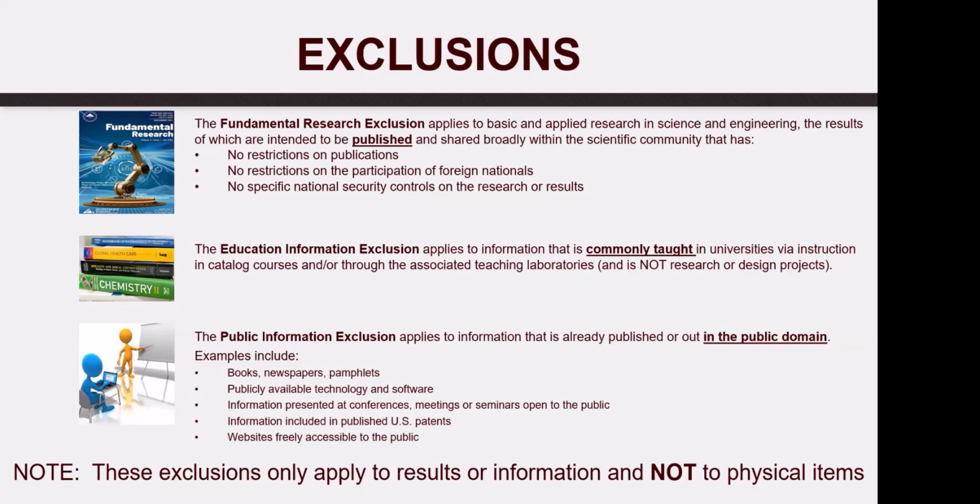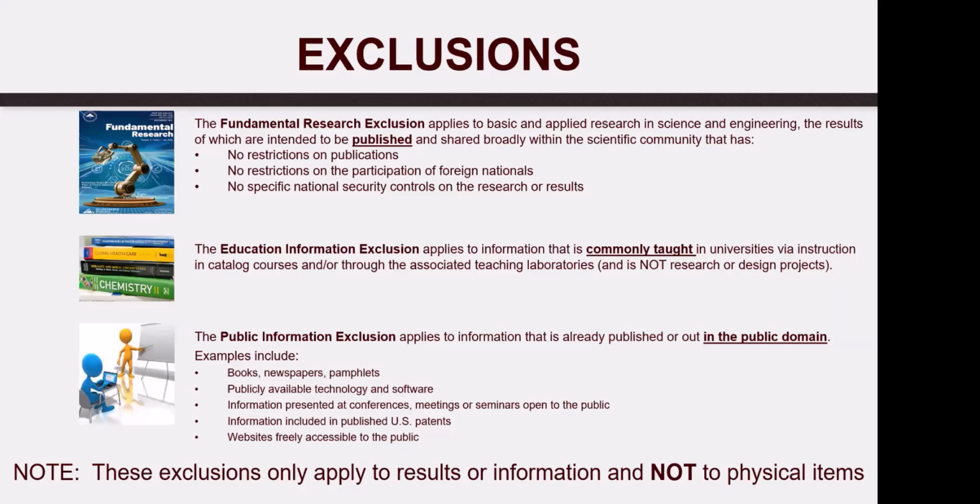So if it is in a book, a newspaper, a pamphlet, if it is on a website that anyone can look at, if it is presented at a conference that's going to have the conference proceedings, or if it's something that's publicly available, that is considered to be in the public domain, and the public information exclusion would apply to that. It would not necessarily be considered export controlled.